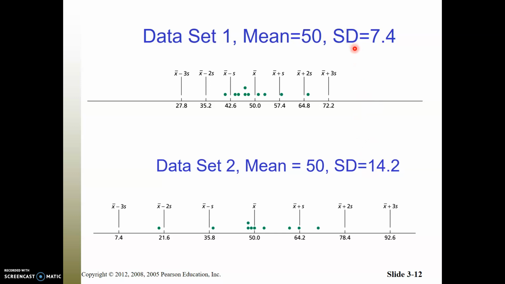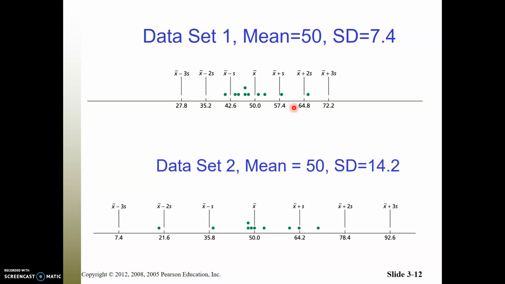So the rule which I want to tell you is: the larger the standard deviation, the larger the spread. The smaller the standard deviation, the smaller the spread. You can see physically the effect of the standard deviation.